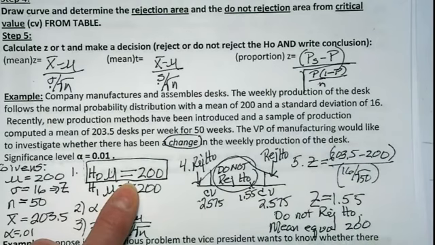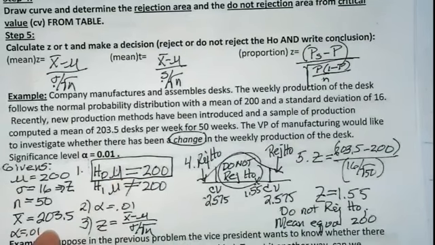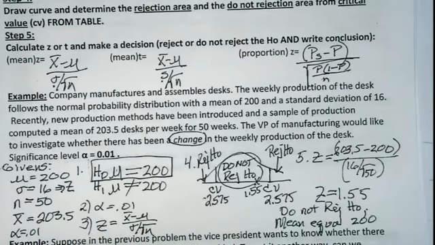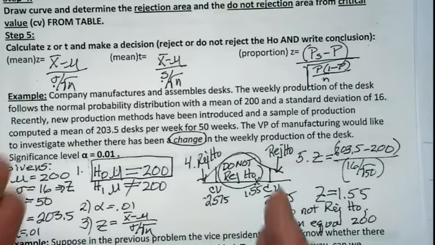So in other words, the new production method equals 200 desks per week. So we have not increased our production. These two are not statistically different. So what do we do? We fire the production manager that implemented the new process. After all that time and money spent, we're still making the same number of desks.